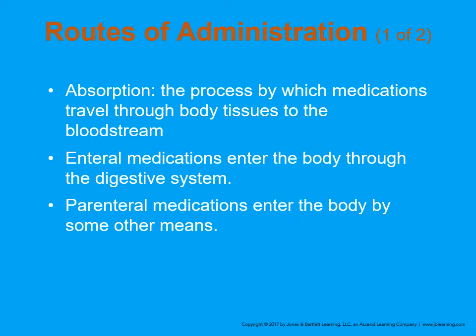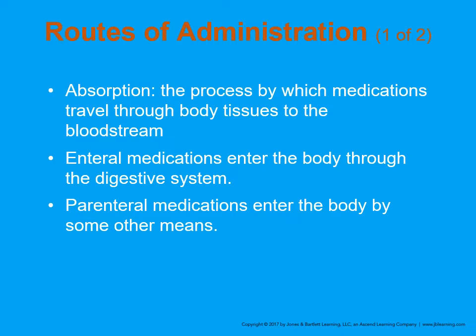Routes of administration. Internal medications enter the body through the digestive system, often in pill or liquid form, such as a cough syrup. Medications administered via this route tend to be absorbed slowly and are not commonly used in an emergency setting.